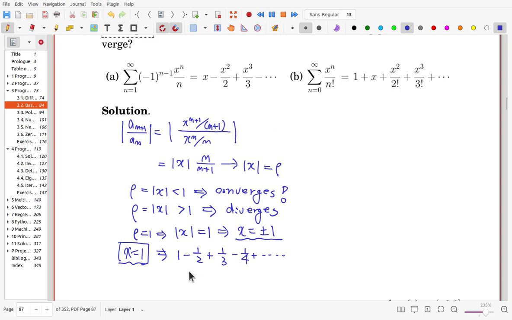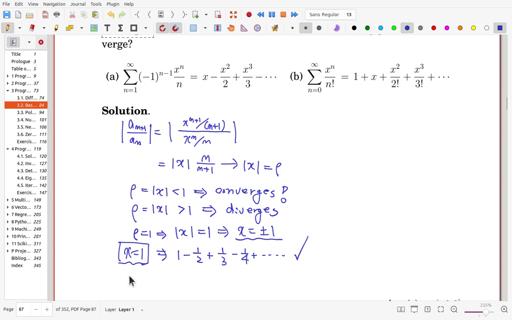This is an alternating series, and each term becomes smaller and smaller. Then by the alternating series theorem, we know that this is convergent. So when x equals 1, this is convergent.